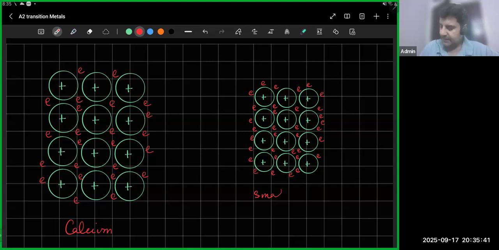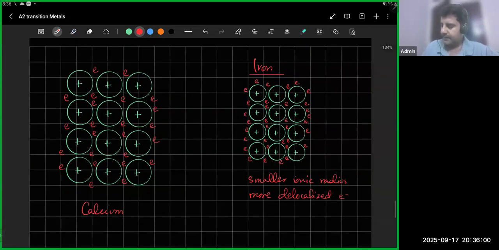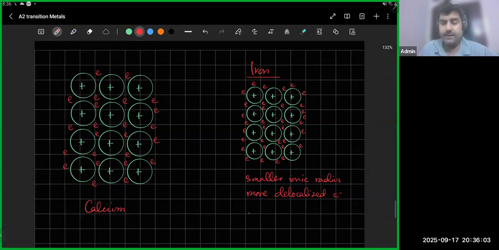So smaller ionic radius. Okay, this is iron. And it has more delocalized electrons. Hence, stronger metallic bonds.